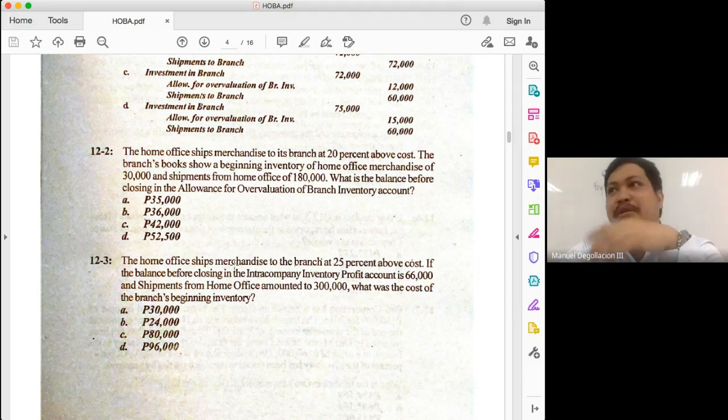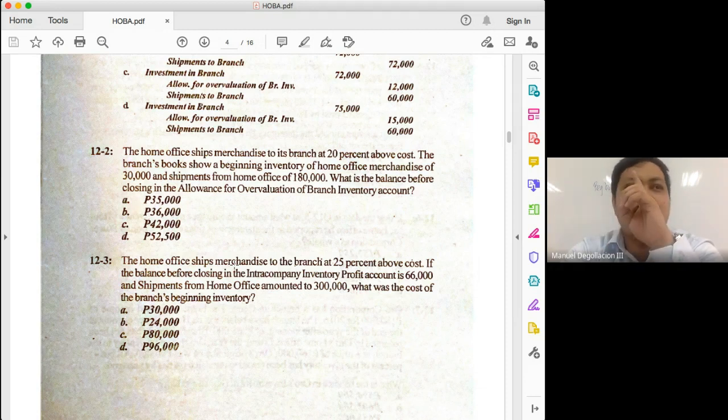We would have simply multiplied 30,000 with 20%. But since the 30,000 is already the billed price, what do we do first? Divide 30,000 by 120% to get the true cost of 25,000. Multiply 25,000 with 20%, you will get the markup of 5,000.